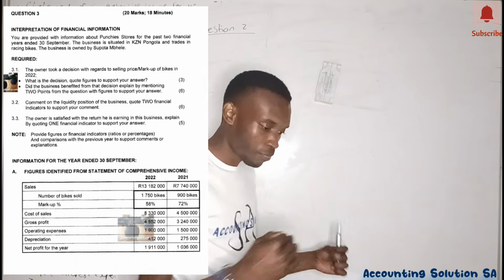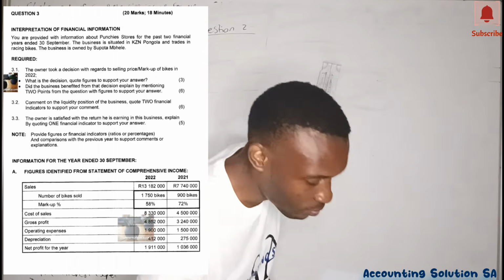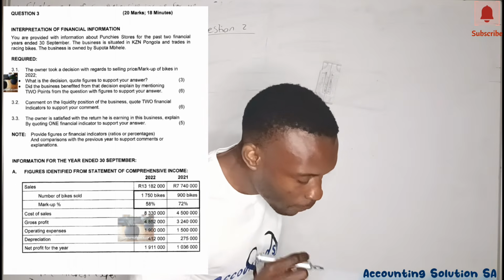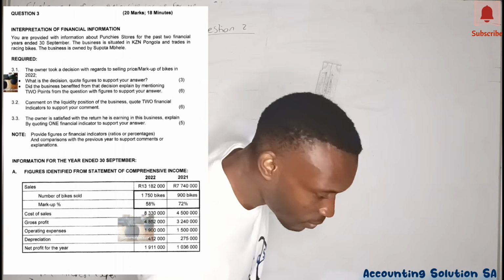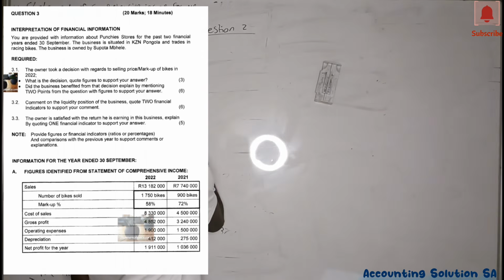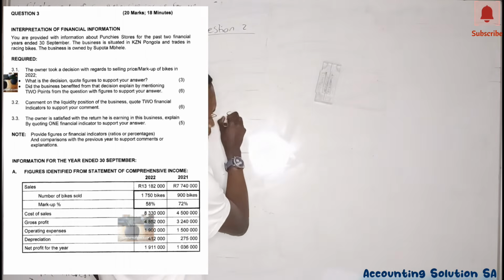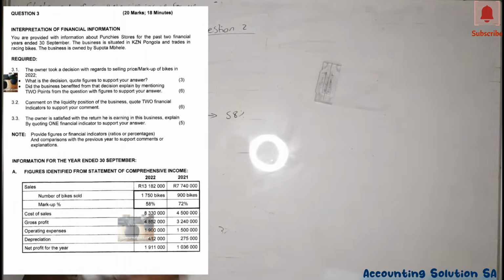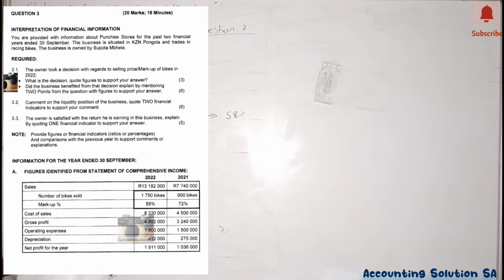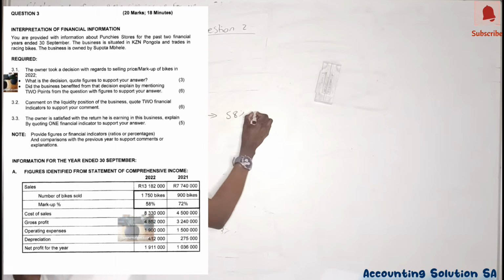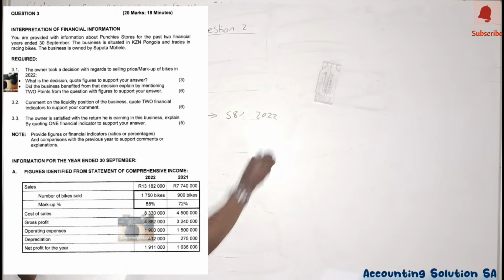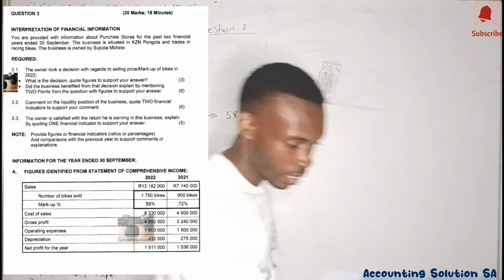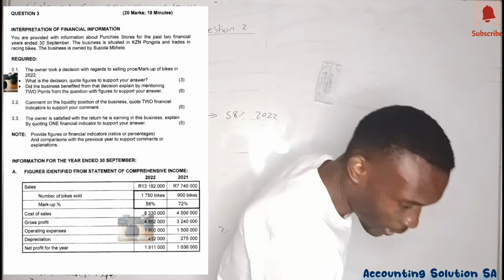On the statement that they give us, we find that the markup in 2021 was 72%, and they changed it to 58%. So when we quote, we just show that in 2021 it was 72% and they changed to 58% in 2022. Simple as that, guys. Then you will get the 3 marks.